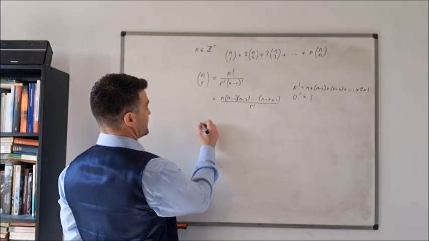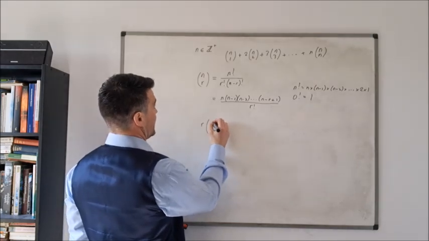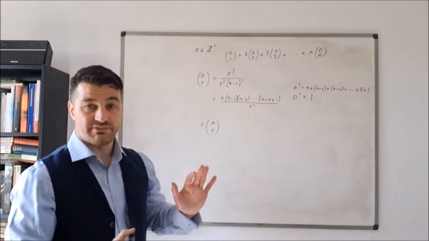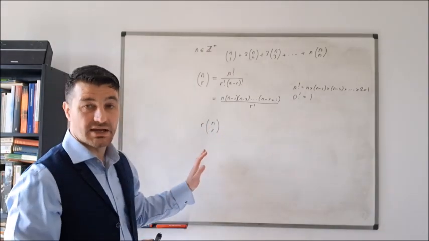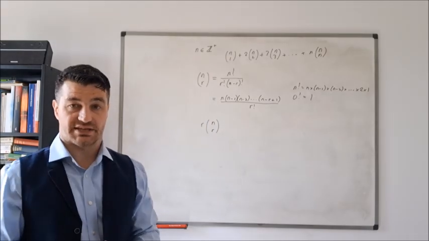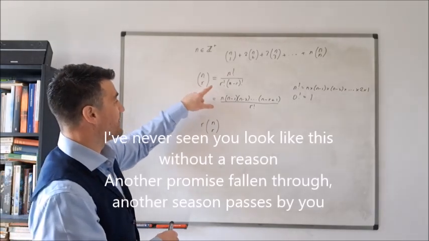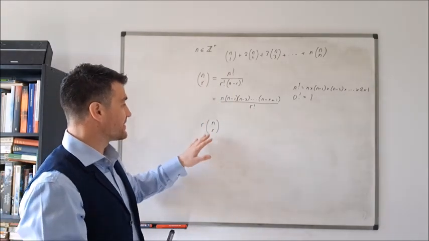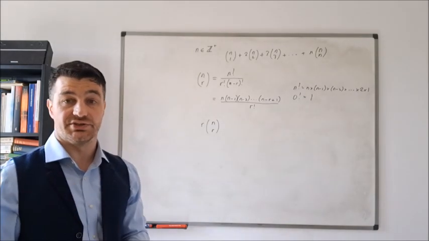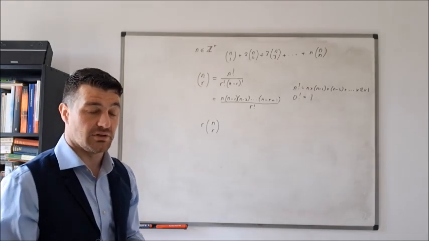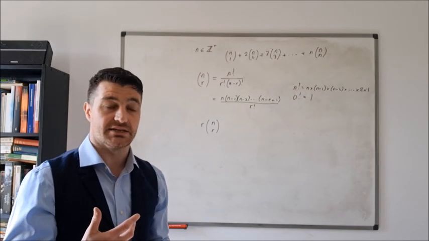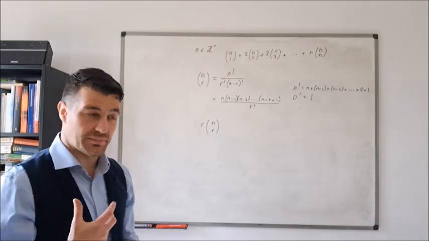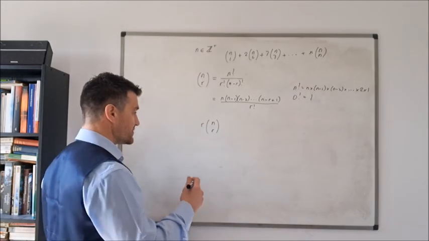If I've got, for example, r times n choose r, I might want to investigate a little bit more closely what I can do with this expression. And this is why it's important for me to know either this or this, okay? It's important for me to know these because it gives me something potentially to do. It might not work, it might not be the thing that ultimately gets me to a solution, but it gives me an idea that I can start to work with and at least start to possibly get my foot in the door with a solution to this problem.